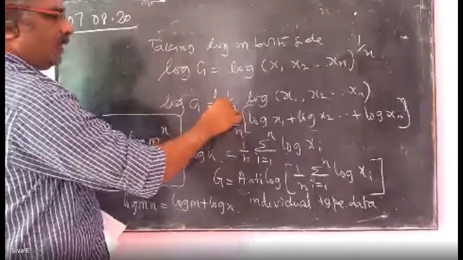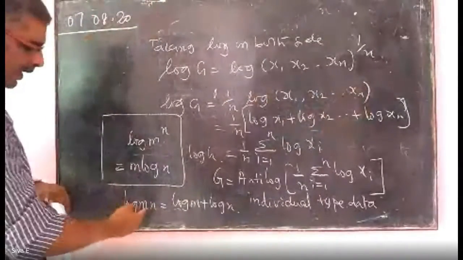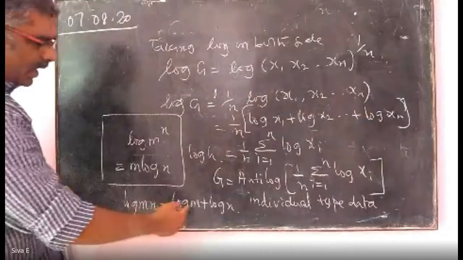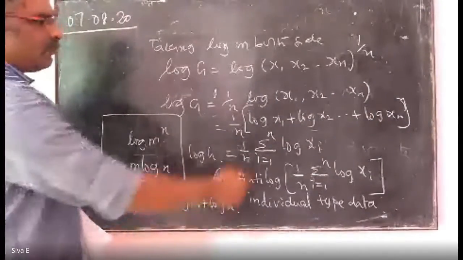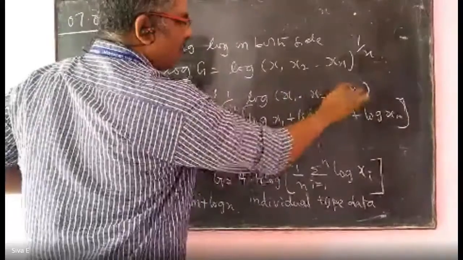From there, log G equal to 1 by n log (x1, x2, ..., xn). Using the log formula, log mn is log m plus log n. Therefore, if you are multiplying, it is not comma actually, it is multiplying.